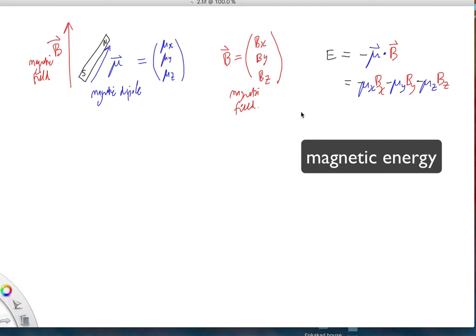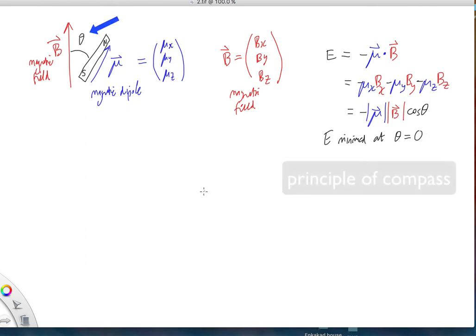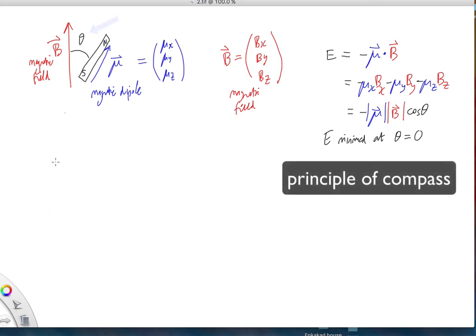And it can also be written as the magnitude of the magnetic moment multiplied by the magnitude of the magnetic field multiplied by the cosine of the angle between them. Because of the minus sign, the energy is minimized when theta goes to 0, and that's the principle of the compass. The compass aligns itself, minimizing the magnetic energy when the magnetic dipole is aligned along the magnetic field.